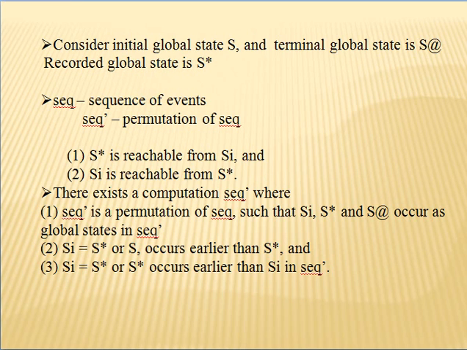An event Ei is called a post-recording event if and only if it is not a pre-recording event, that is, Ei is in process P and P records its state before Ei in the sequence. So these are pre-recording and post-recording events.